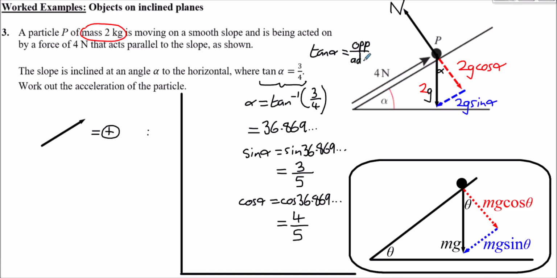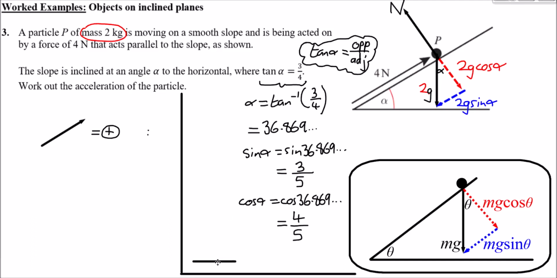And what I'm going to show you here is a better, more sophisticated way of thinking about this. So bear with me as I just go on this little detour. So the ratio of the opposite to the adjacent is for every 3 it's going up, we're going along by 4. So we can sketch this triangle, thinking of it in terms of right angle trig.